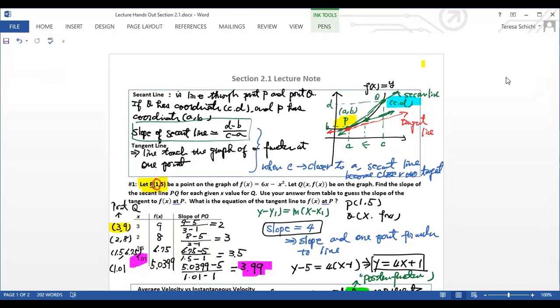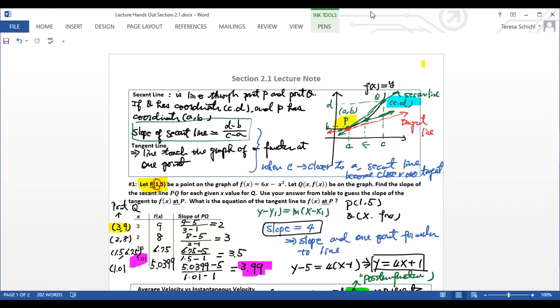The next key concept in this lecture is one of the applications, the velocity problem. We have an average velocity and we have an instantaneous velocity. Instantaneous velocity is the slope of the tangent line of your position function, and the average velocity is the slope of the secant line of your position function, so you have two points there.